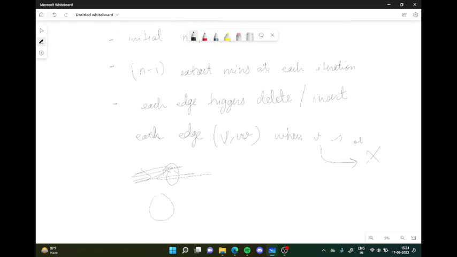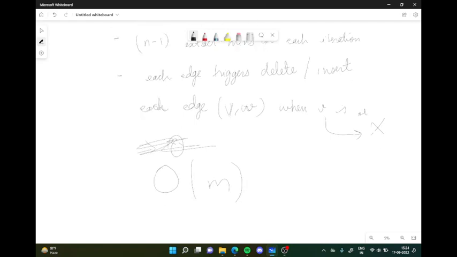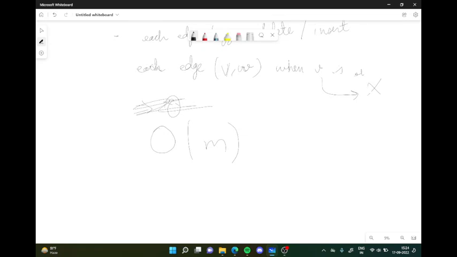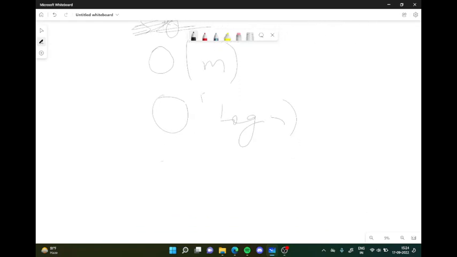So a total of big O of m heap operations. And what does one heap operation take? One heap operation takes big O of log n time, because there are n vertices. So it's a running time of big O of m log n. That's all.